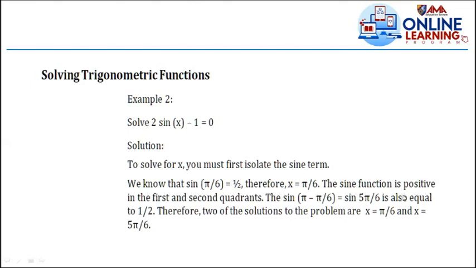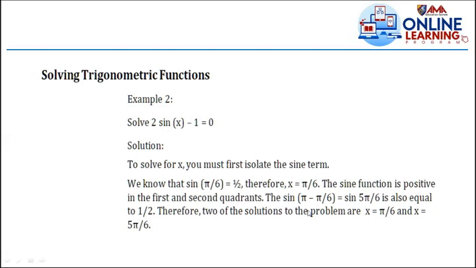The sine function is positive in the first quadrant and second quadrant. The sine of pi minus pi all over 6 is equal to sine 5 pi all over 6, which is also equal to 1 half. Okay?